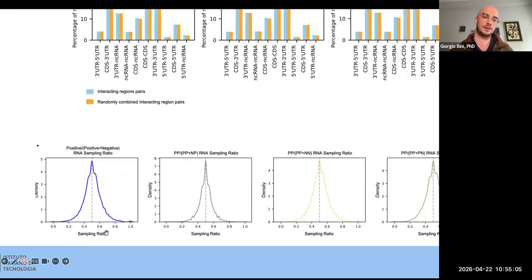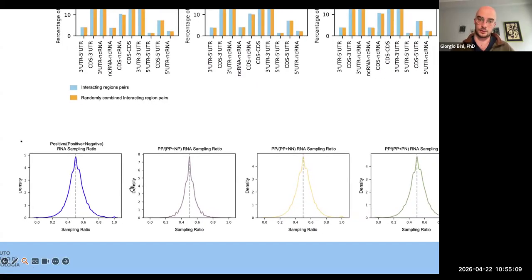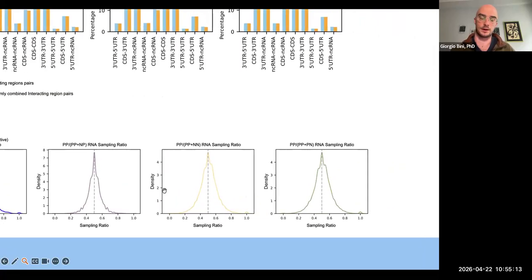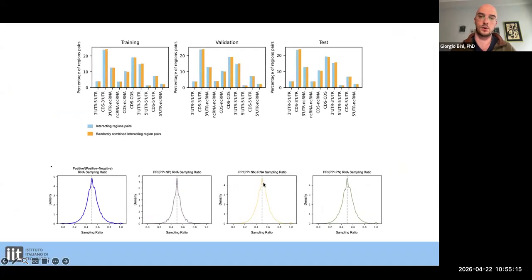And we are sure that this probability was on average 0.5 across all the possible negative classes. So all these elements ensure the unbiased composition between the positive and the negative set, to avoid biases in the learning phase.